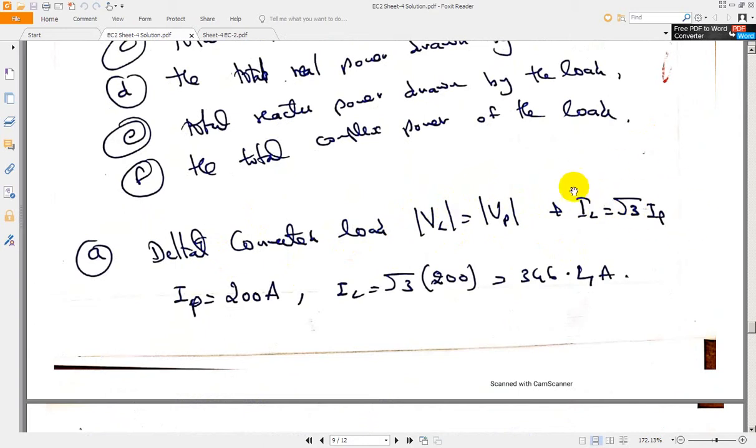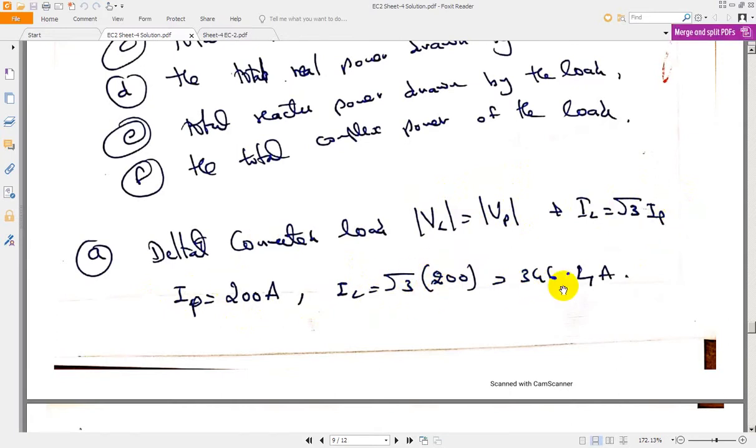The current value changes in delta, whereas in Y the current value remains the same and the voltage changes. As it is a delta connected load, line voltage will be equal to the phase voltage, and the line current will be equal to √3 times the phase current. Here the phase current is given as 200 amperes, so the line current is equal to √3 times 200 I phase.